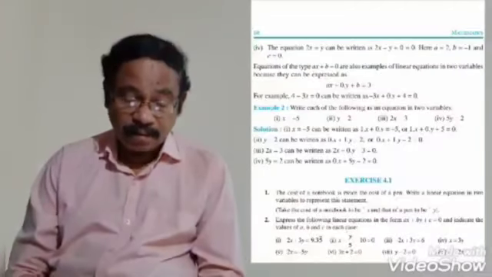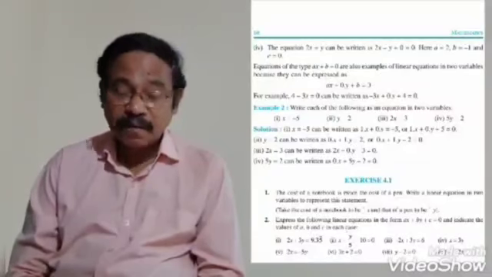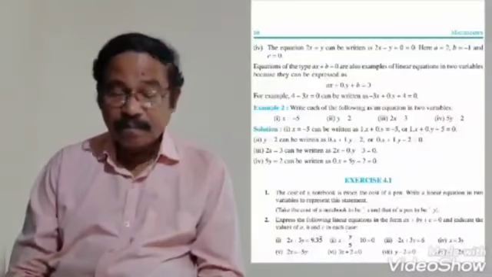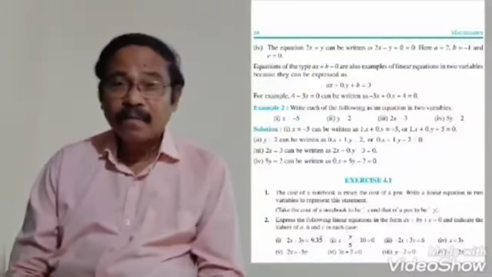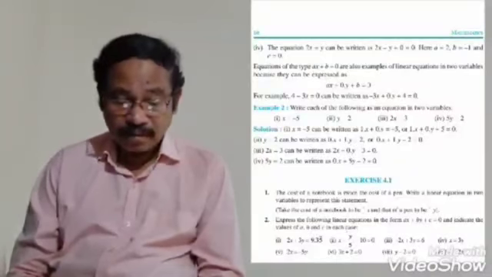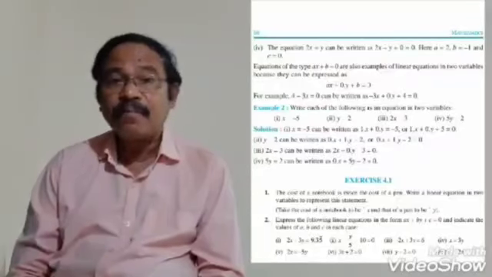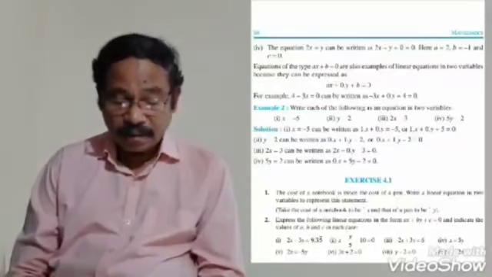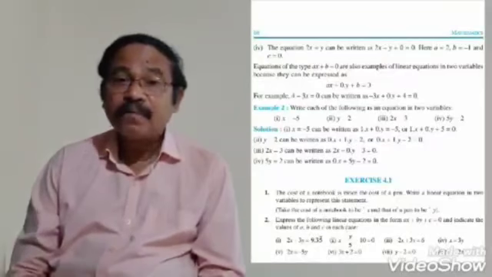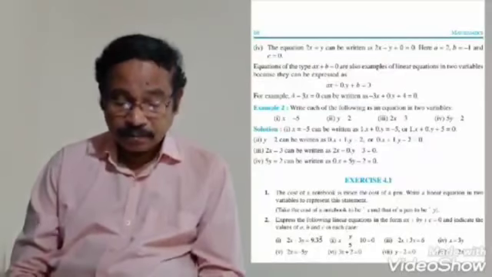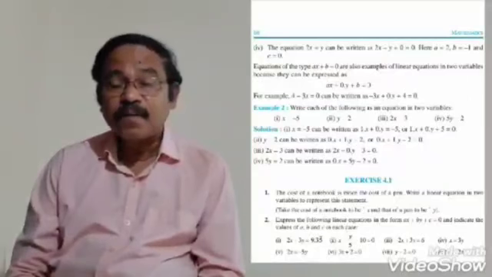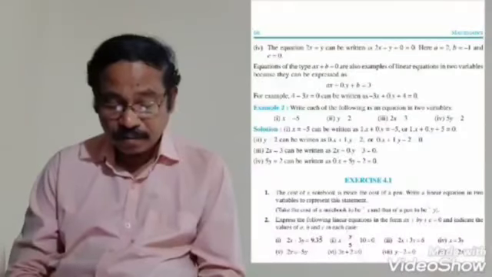Take the cost of the notebook as x and the pen as y. So it is easy, no? The cost of the notebook is twice, means 2 times. That is x is equal to 2y, or it can be written as x minus 2y is equal to 0.